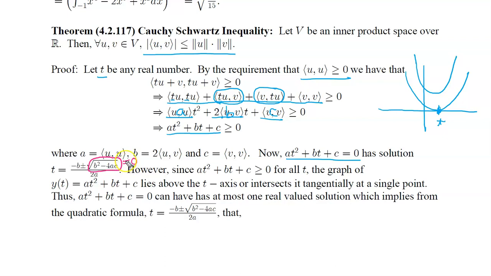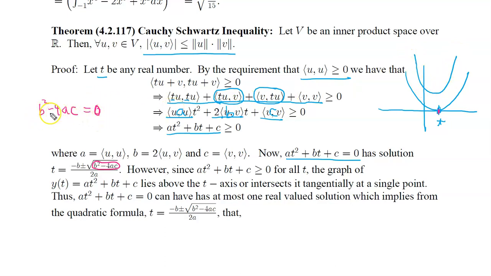Well, it's either equal to 0, let me say it like this rather. What you have in here, the b squared minus 4ac, this either has to be equal to 0, in which case you would have a picture like this, where the graph hits the x-axis at one point, or it is negative, in which case you have a picture like this, where you have no real valued solutions.